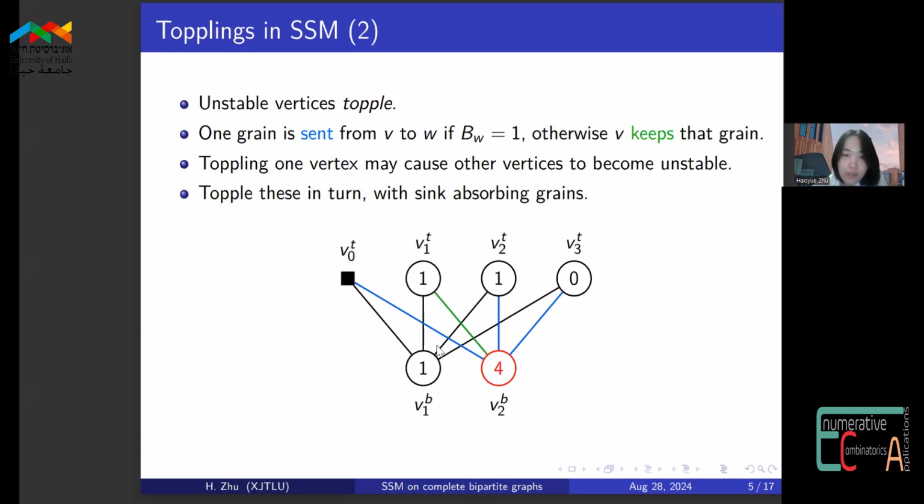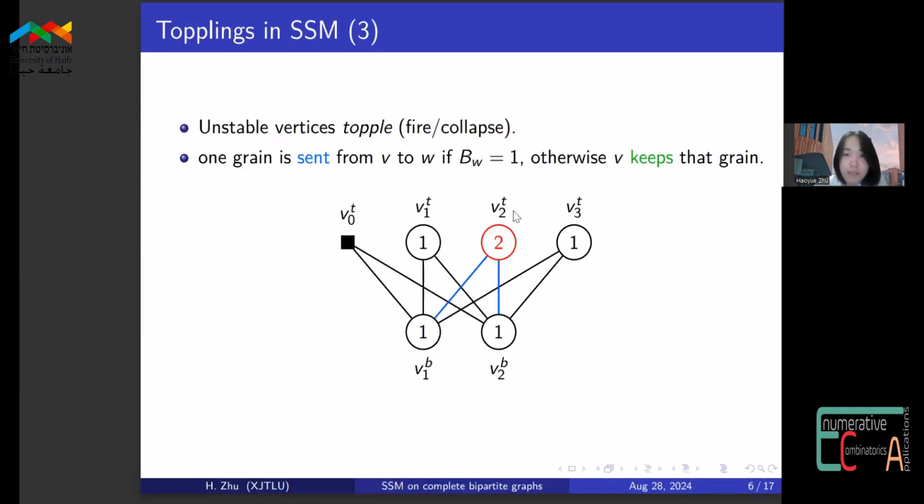Recall we have blue with probability p, and we send one grain to each of them. We have 1 minus p for the green edge, so we don't send a grain to the corresponding vertex. So here the vertex V1T should not receive a grain. You can also notice that the sink will absorb the grain from the unstable vertex.